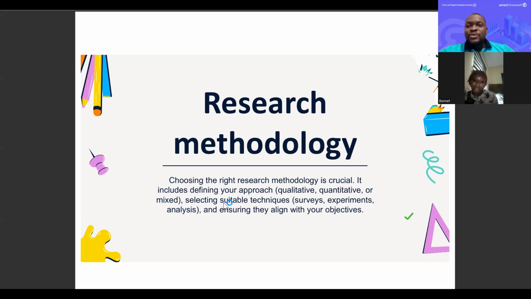Think about what you want to solve. Basically, that is the goal of academics. The goal of academics is to be able to solve a problem through in-depth research, in-depth thinking from others, and trying to bring in something better for the nation.